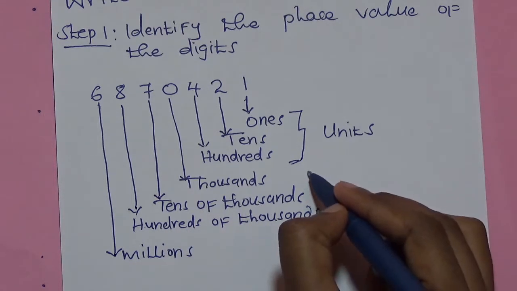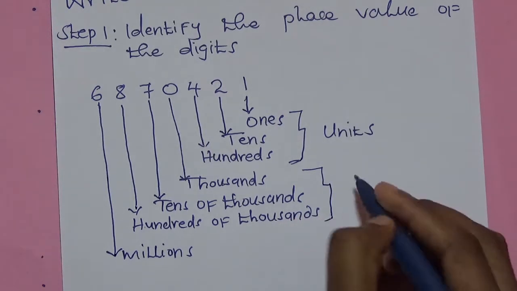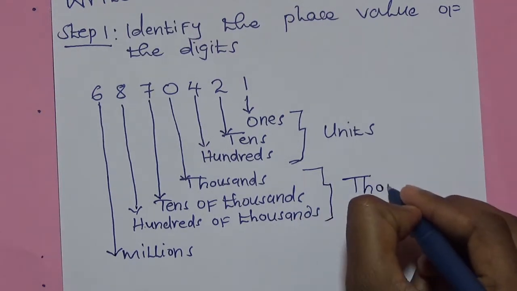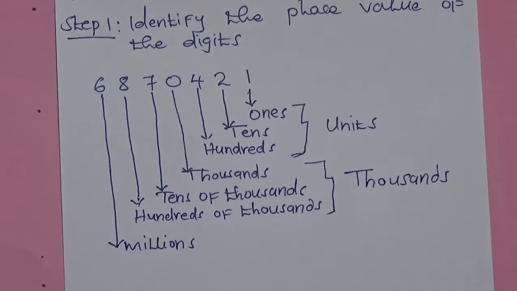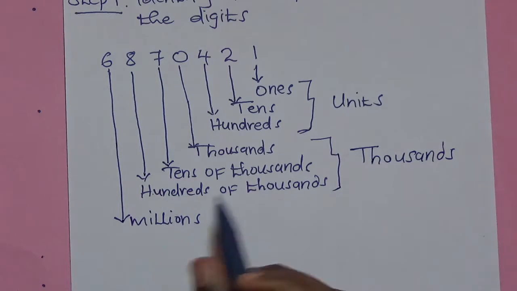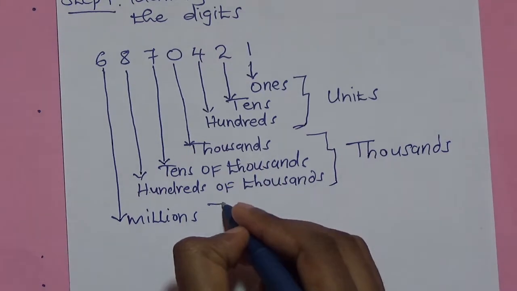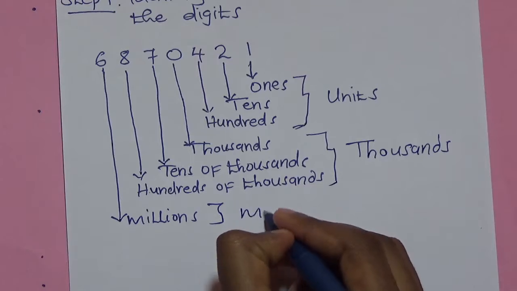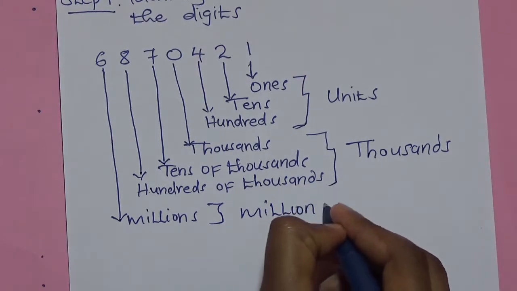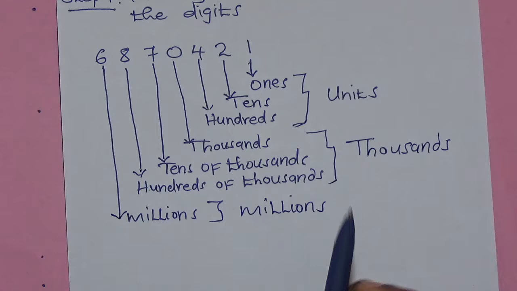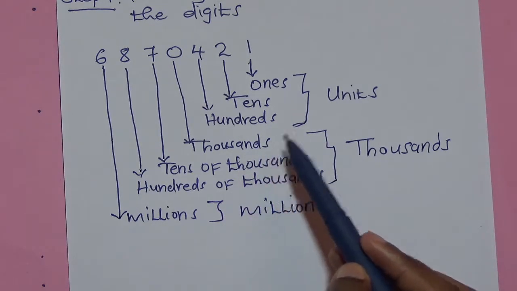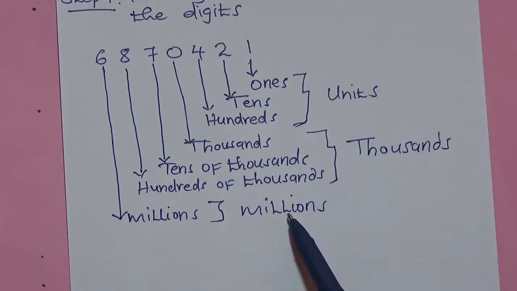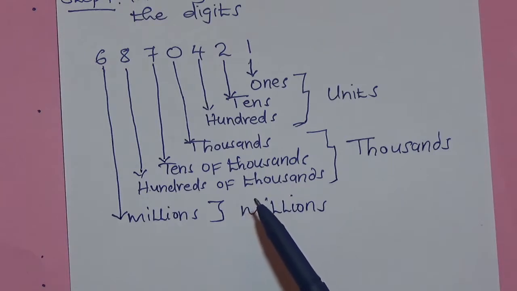We can classify these as thousands. And finally, the last part, we have millions, so we classify the last part as millions. Now after you have divided the number into the three parts, units, thousands and millions, you can easily write the number in words.